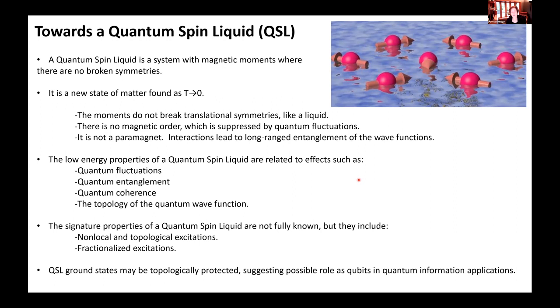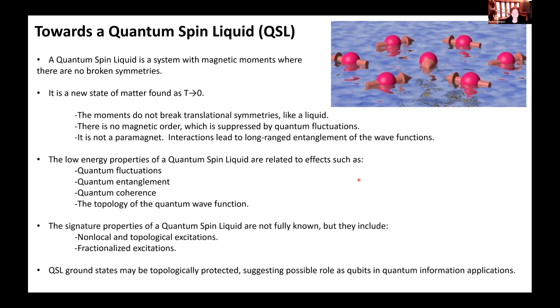In a paramagnet, the magnetic moments fluctuate independently of each other, both with respect to position and to time. And in the case of a quantum spin liquid, those fluctuations are not wholly independent, and long-range interactions can lead to the entanglement of the magnetic wave functions. That's manifestly different to a paramagnet.